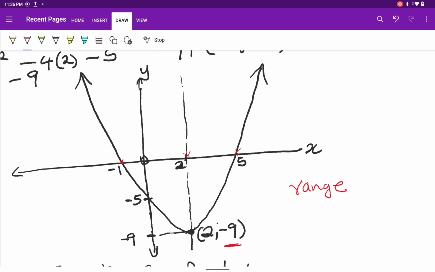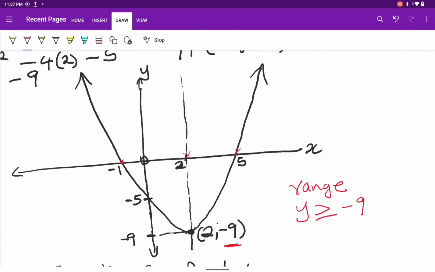Because a is greater than 0, you can see this graph is carrying water, so the range will be y is greater than or equal to -9. Please don't forget the equals to, because the -9 is included also.